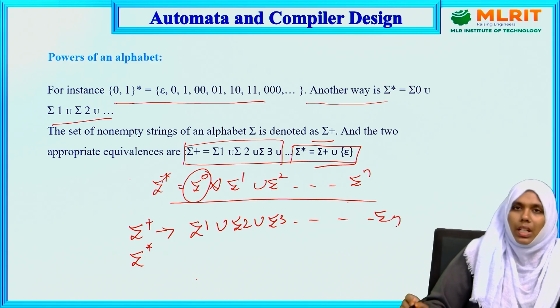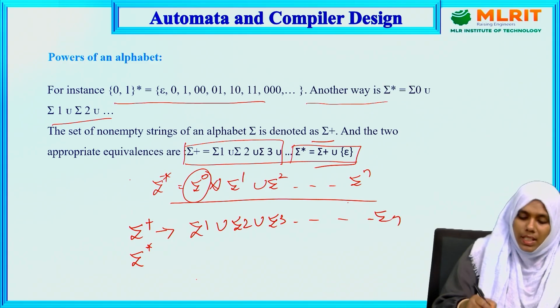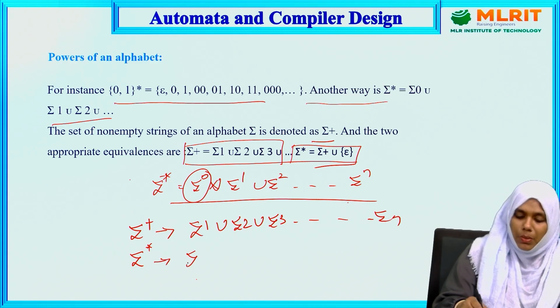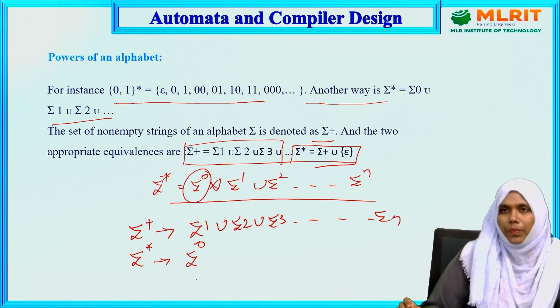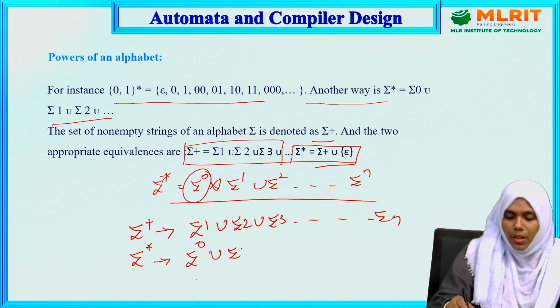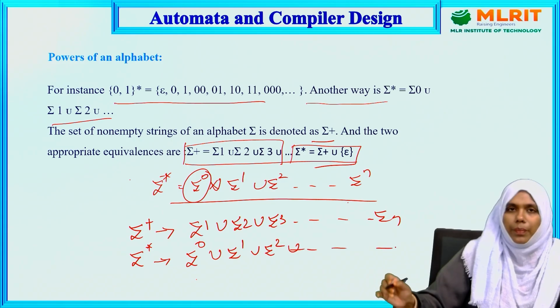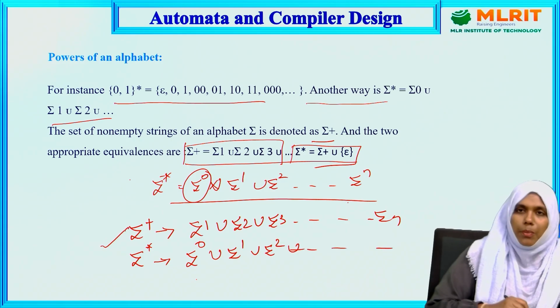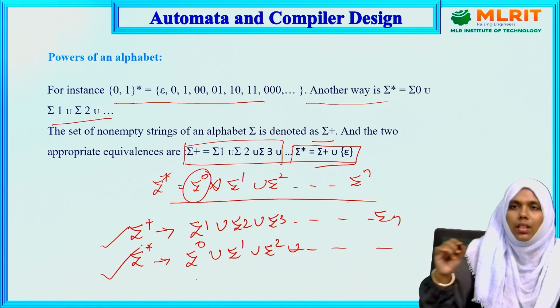But coming to Σ power star, we include from Σ0 union Σ1 union Σ2, and so on. So this is the actual difference between the positive closure and the multiple closure.